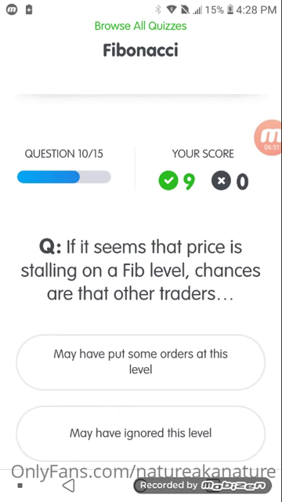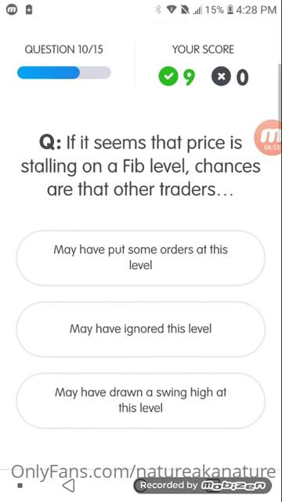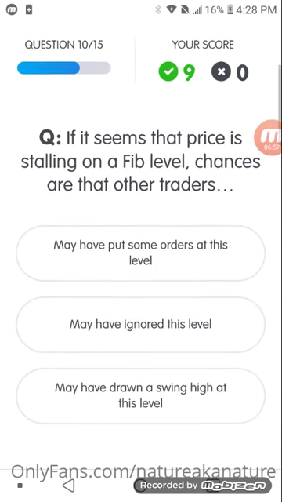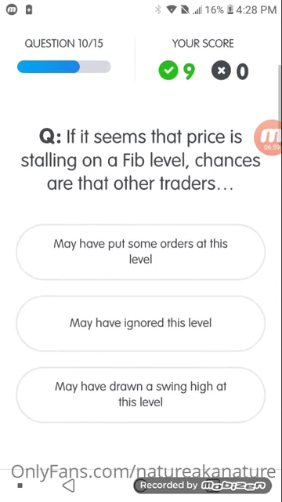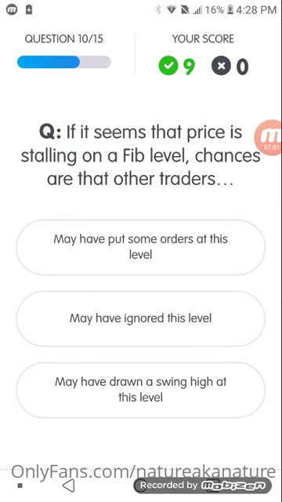If it seems that the price is stalling at a fib level, chances are that other traders may have put some orders at that level, may have respected these levels, or may have drawn a swing high at these levels. So if you see a lot of stalling going on at Fibonacci retracement levels, chances are that other traders are putting in orders at those levels.